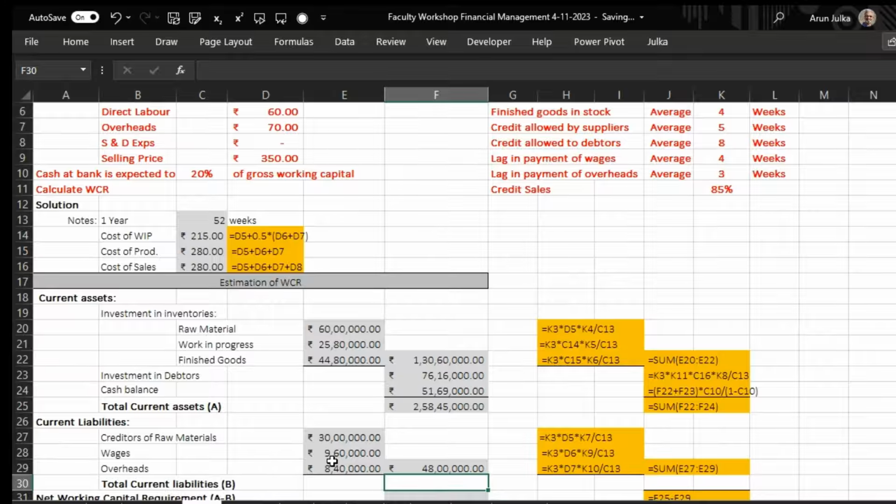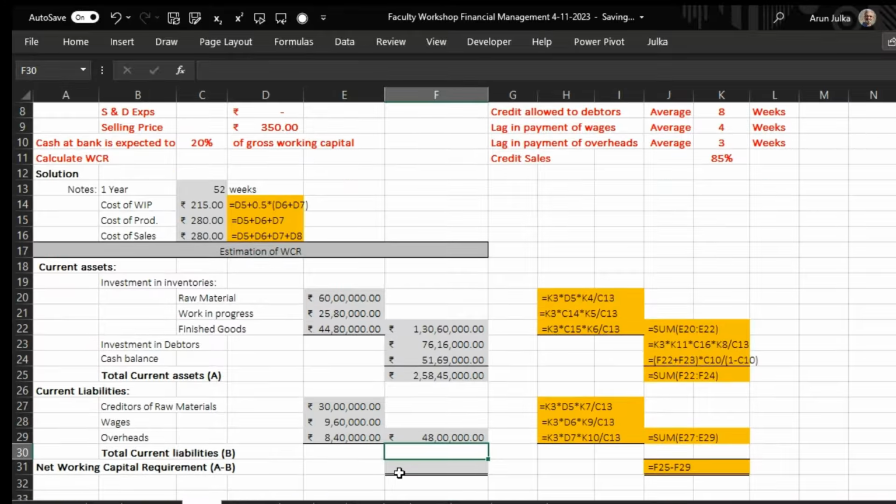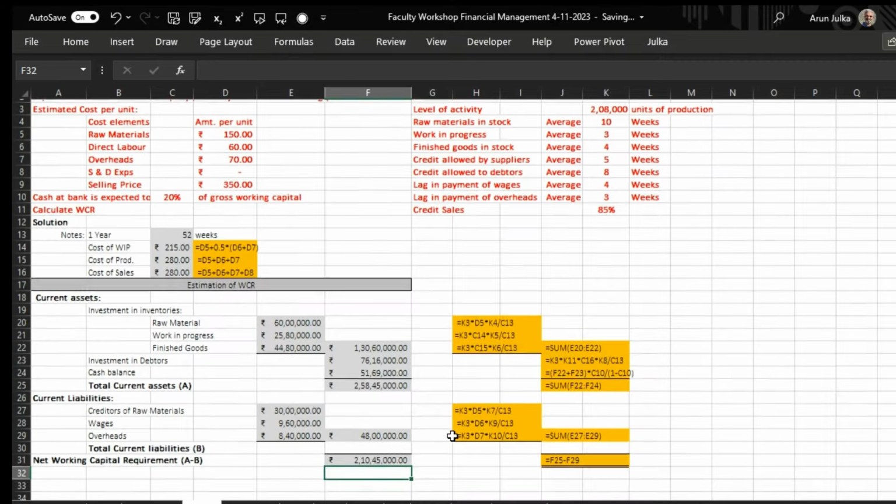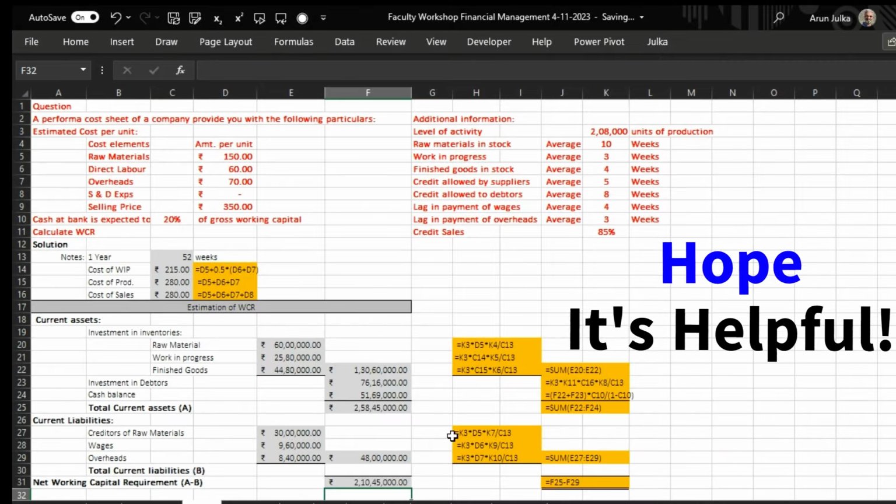Amount is 48 lakh. To calculate working capital, we use the formula current assets minus current liability. Current assets are 2 crore 58 lakh 45,000 minus current liability 48 lakh, and the answer is 2 crore 10 lakh 45,000. Hope it is helpful.